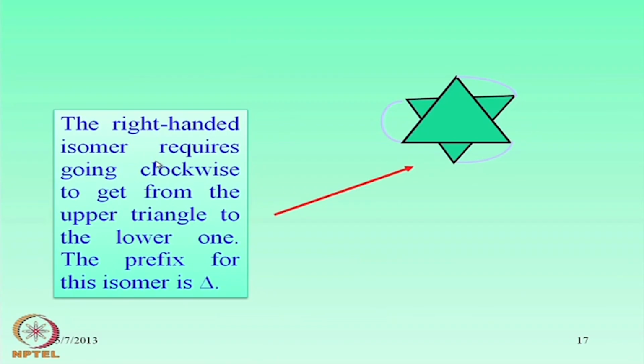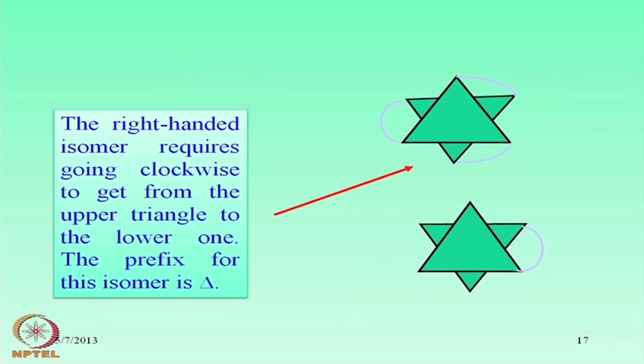So when the movement from the upper triangle to the lower one is in a clockwise direction, the prefix for this isomer should be delta. So the clockwise movement is designated as the delta isomer.